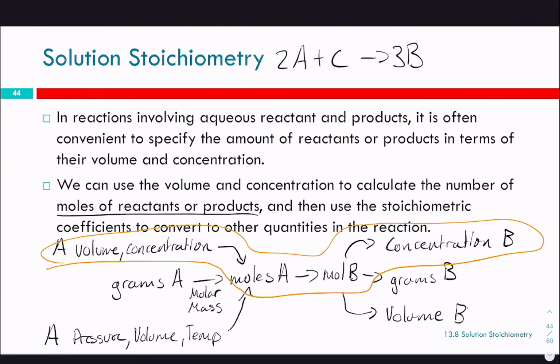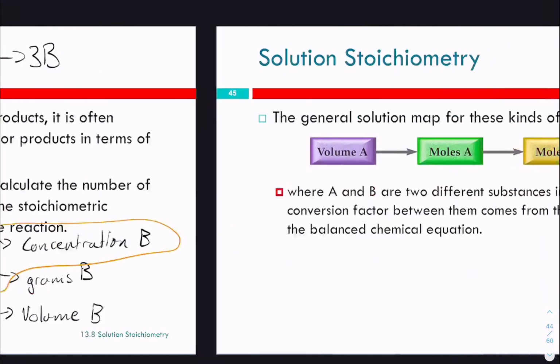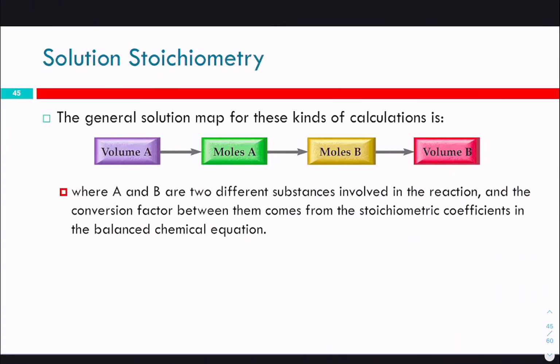When it all boils down, they're kind of the same type of problem, which is why they're all called stoichiometry problems. So again, we're going to be doing volume of A to moles of A, and then using that stoichiometric ratio to convert it to moles of B.